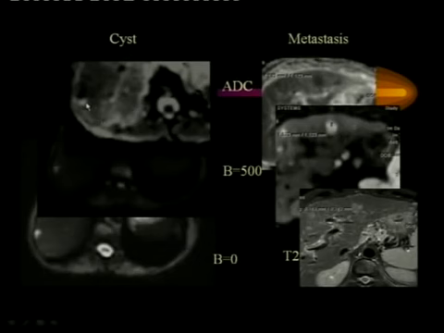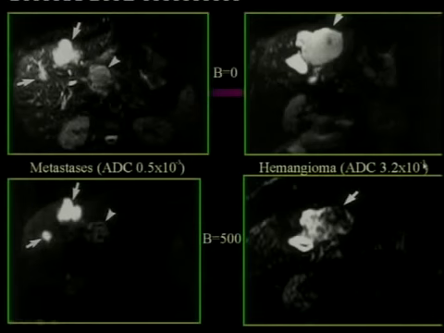So this is telling you that this is a T2 shine-through effect of this lesion because of the high fluid content, as opposed to this lesion where there's again high signal intensity on the higher B value, but looking at the ADC map, you can see that there's a loss of signal. So this is a restriction of diffusion within this lesion, and very consistent with a malignant lesion.